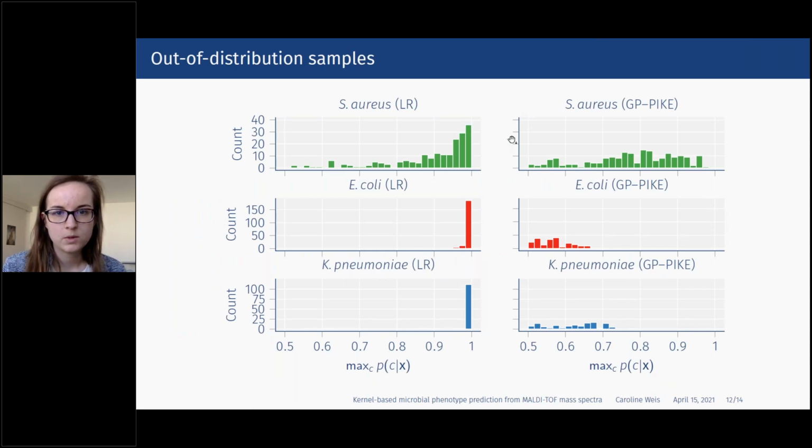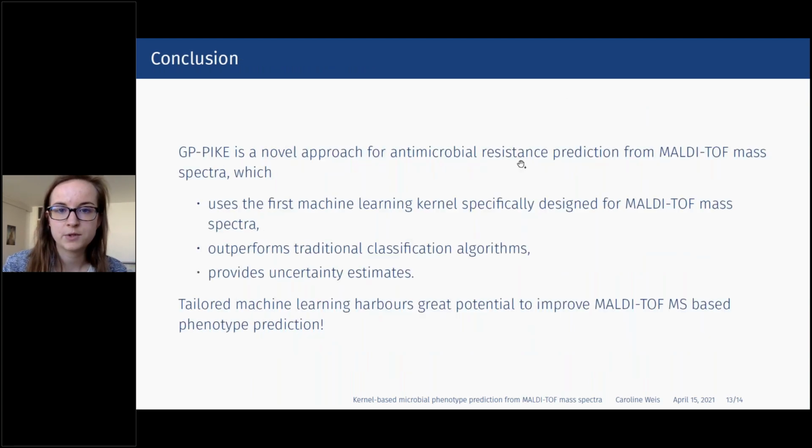What we did is we did this for logistic regression and for GP-PIKE, and we looked at the distribution of how these maximum class probabilities are distributed among samples from within the training distribution. So we used the same species, and to simulate out of training distribution, we used the samples from the other 2 species.